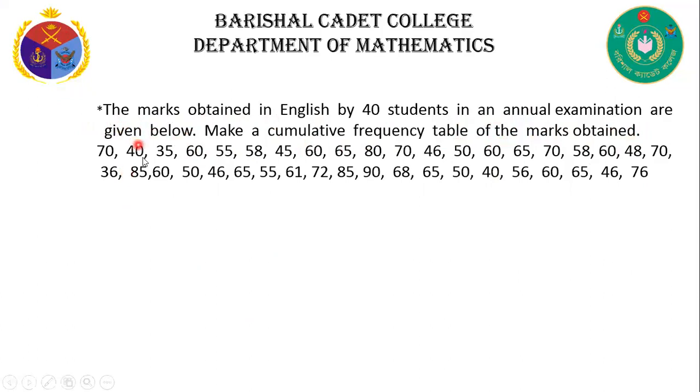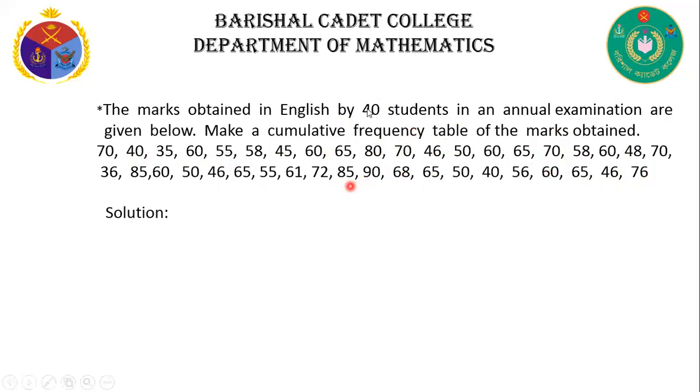Here are the 40 students' marks: 70, 40, 35, 60, 55, 58, 45, 60, 65, 80, 70, 46, 50, and in the same way 65, 46, 76. This is the given question.